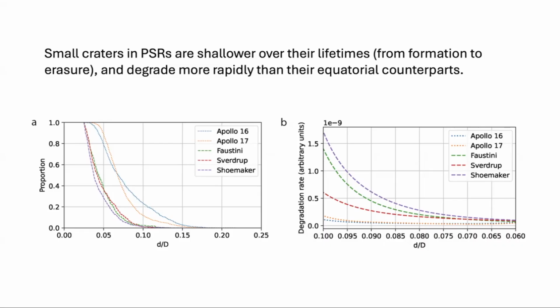So even though it looks like they form shallower just because of the difference in the position of the freshest craters on the plot, the curves should converge at some point over the lifetime because the processes that are degrading them are the same.